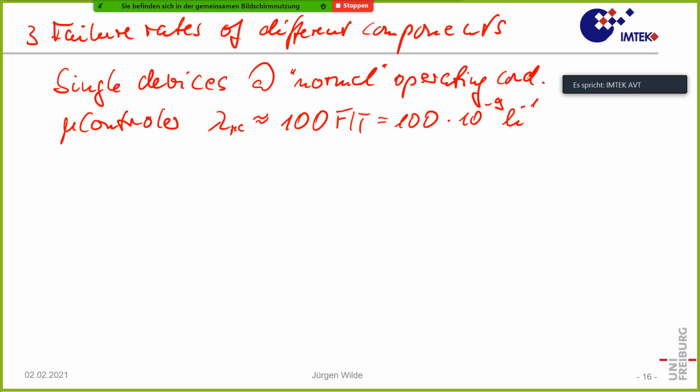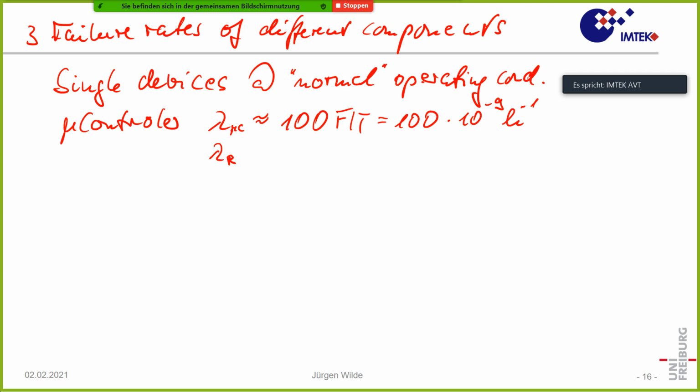Yes, so in fact, it's sample or specimen hours, because it's not an absolute number of failures per time, but relative numbers. So lambda, yeah, what is it for a resistor, for instance?